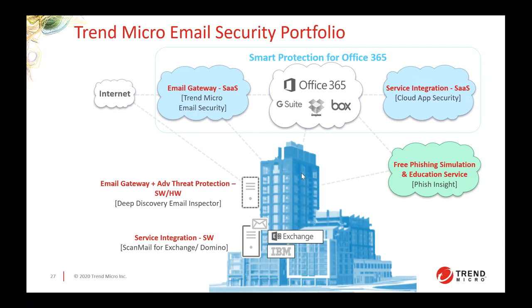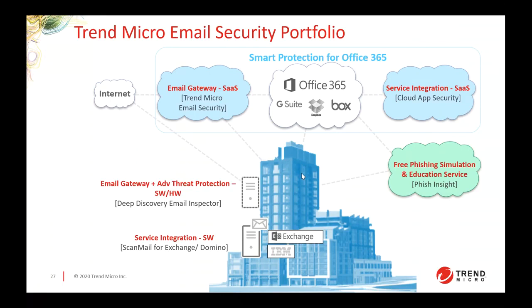Same like the cloud offering, we have two kinds of solution on-prem also. One is IMSVA and another one is service integration. Service integration is the equivalent of the CASB solution in the cloud. You can see at the top for Cloud App Security, we mentioned it has service integration, and at the bottom the on-prem offering also has service integration.